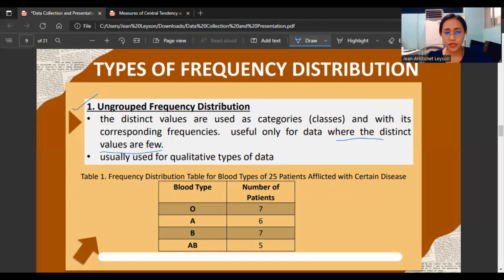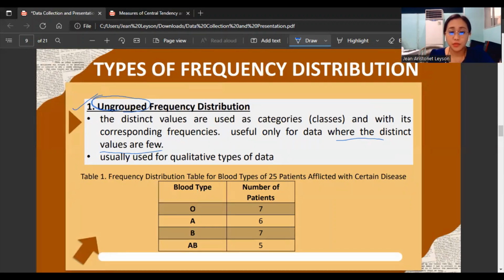So in ungrouped frequency distribution, from the word itself, ungrouped, meaning the data are not being grouped but being treated individually, or one by one.